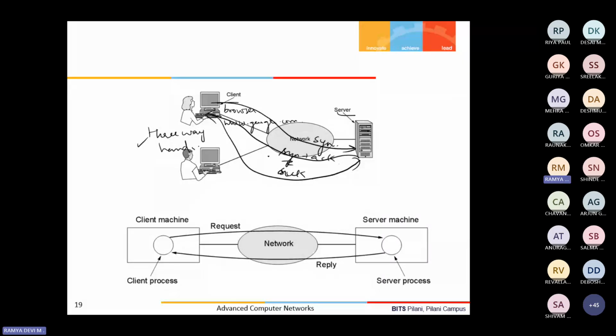So the client and server can start the communication. This is one process and this is another process. The client process will be identified with the help of a port number. The server process will be identified by the well-known port number. For HTTP, we'll be using 80. That's why when you configure, you'll be providing 8080. The client machine need not use a well-known port number.